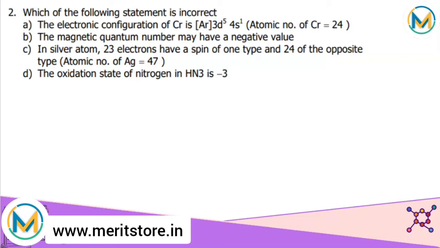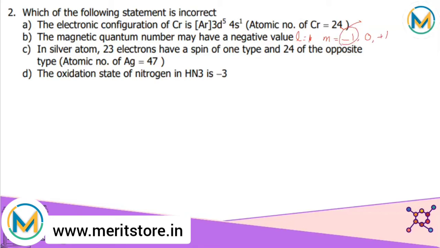So this is a correct statement. Next, the magnetic quantum number may have a negative value. Yes, so when the l value is suppose 1, then m value is -1, 0 and +1. So the magnetic quantum number may have a negative value. So this statement is also correct.